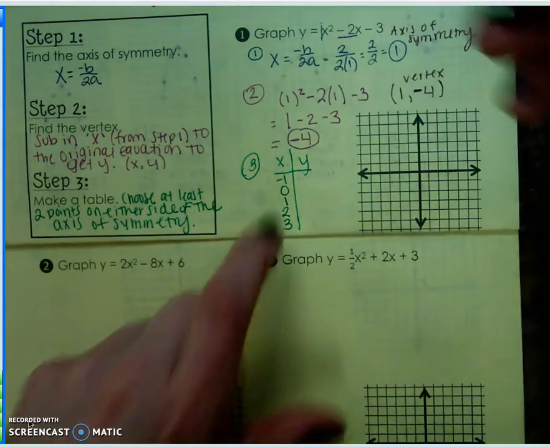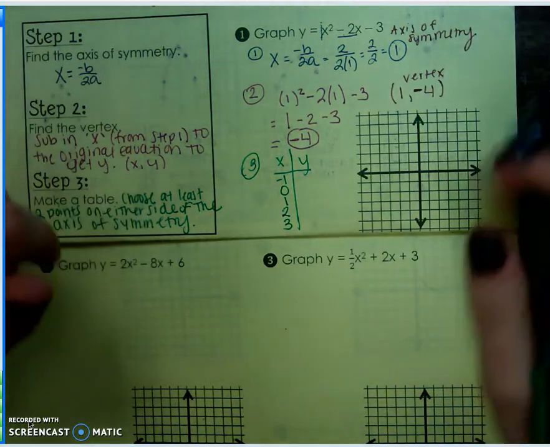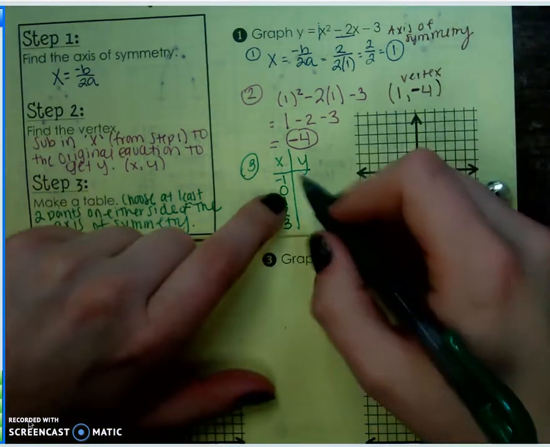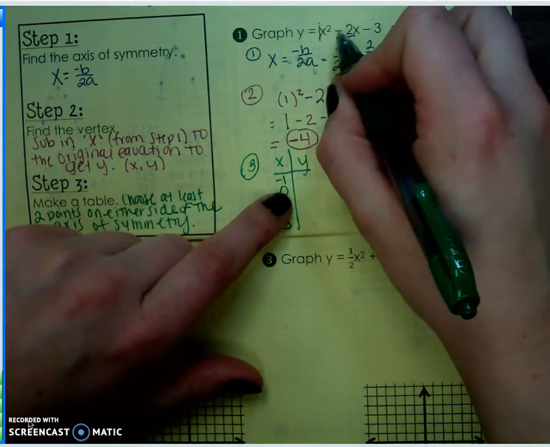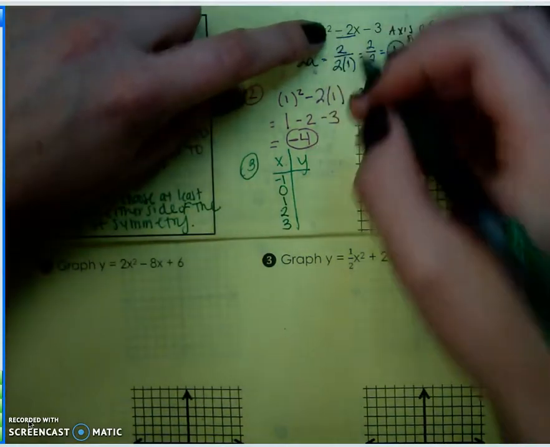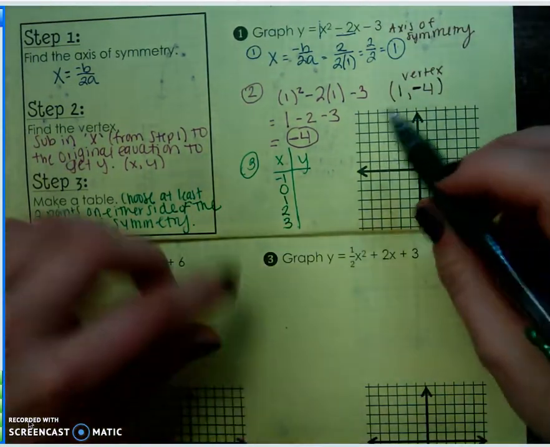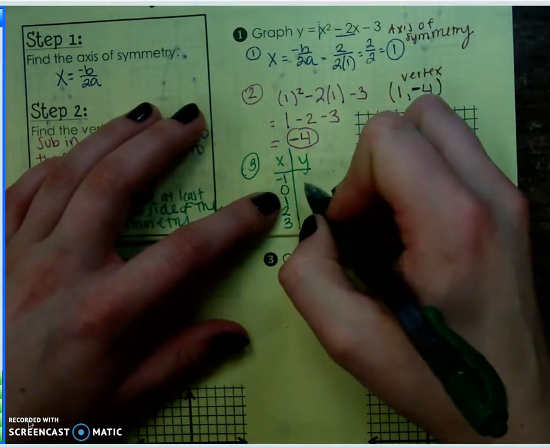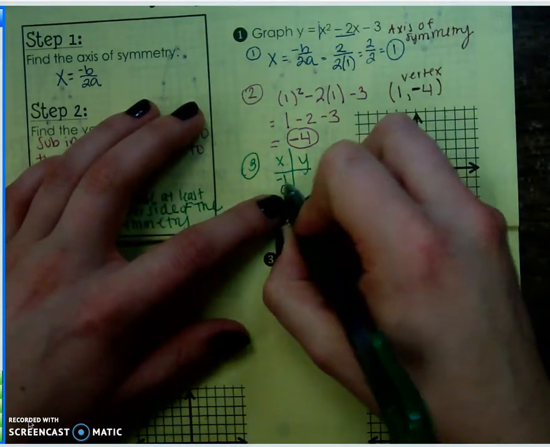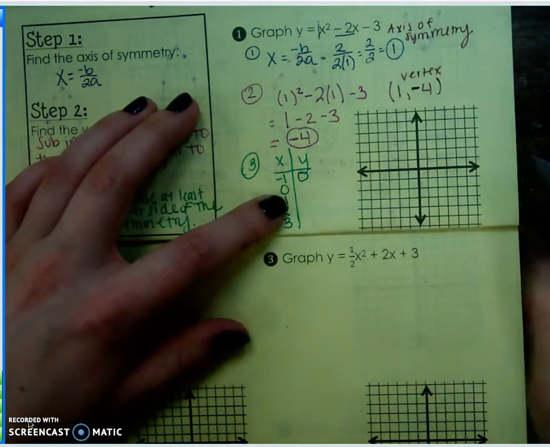Okay? So if you need to do it on a separate sheet of paper or to the side or somewhere, that's fine. Okay? So let's see. Negative 1 squared is 1 minus, okay, I'm just going to do it verbally. You can do it separately if you need to, or you can just copy down these notes. So if we sub in negative 1 for x, we're going to end up with 0.